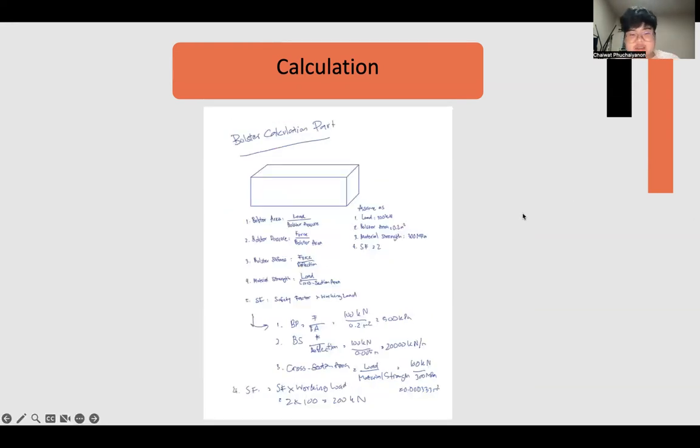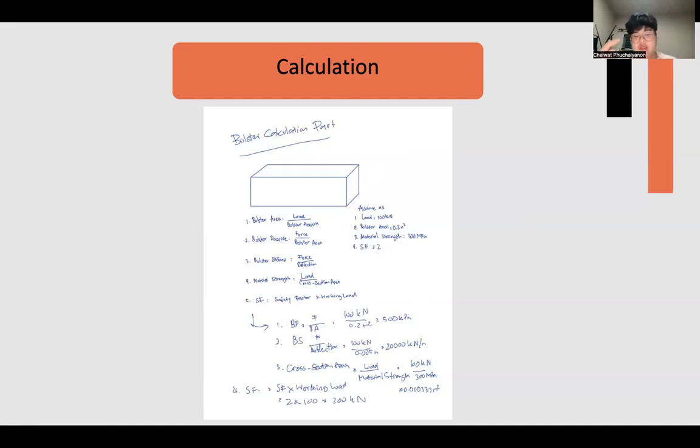So lastly is the bolster calculation part. The bolster area is where the die presses on the substance or workpiece, so the bolster area has to withstand the pressure. We are going to find the bolster area, bolster pressure, bolster stiffness, and the safety factor for the working area.